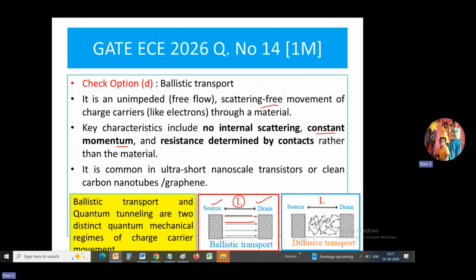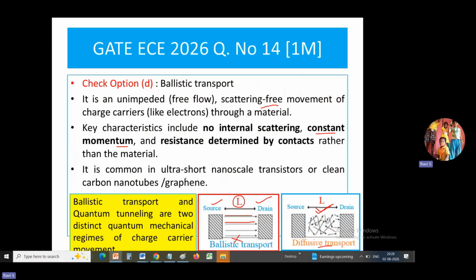Unlike diffusive transport, which takes place in many ordinary devices like the PN junction diode or Zener diode, where charge carrier movement is random and they collide with each other. In the case of the Zener diode, the diffusive transport mechanism is taking place, not ballistic transport.